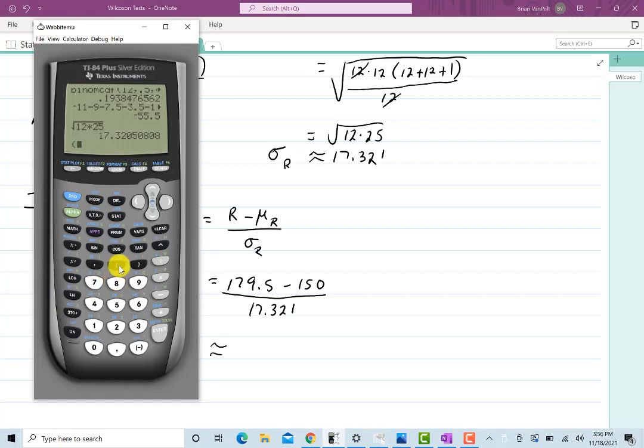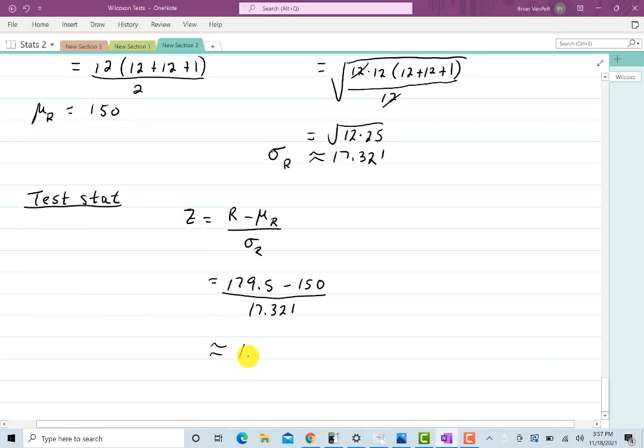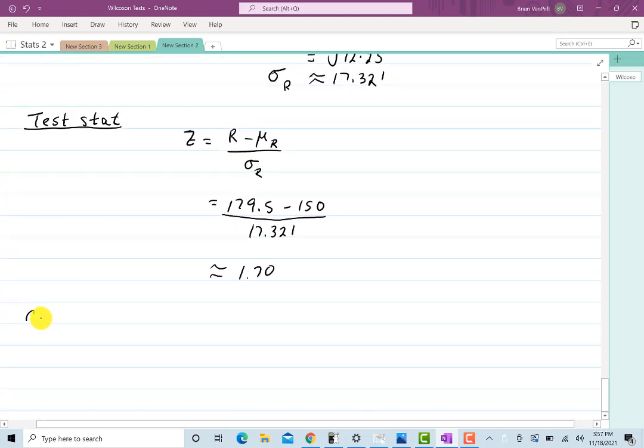You can do it all in one shot on your calculator: 179.5 minus 150, finish the parenthesis and then divide. If you wanted to, you could be really cute and use second answer, so I don't have to type in the 17.321. And let's see what we get. I get about 1.70. You only need to go 2 decimal places here because the table only works to 2 places. Now for the critical values.